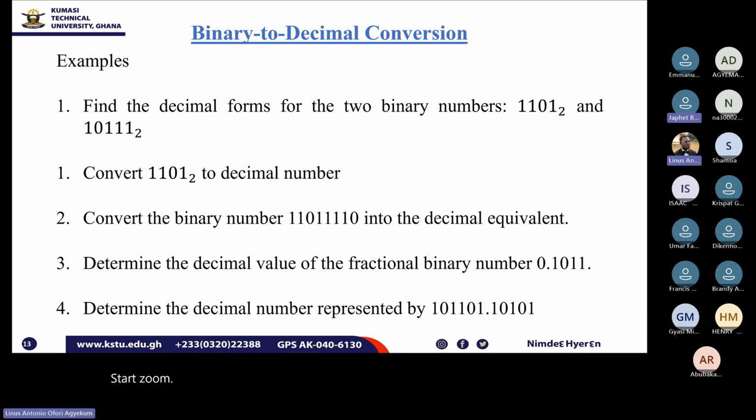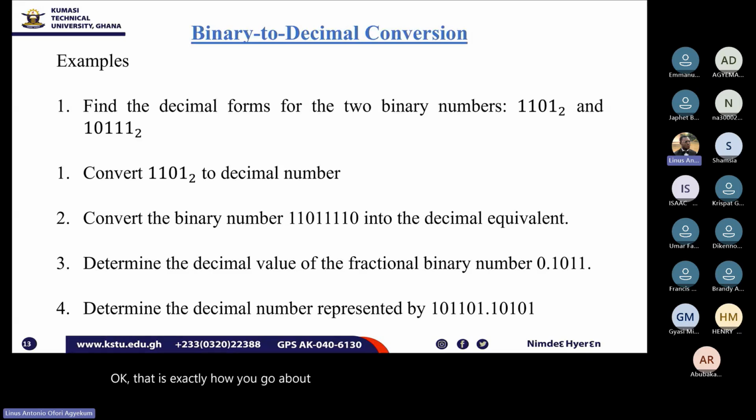So the 1 times 2 exponent 3 will give us 8, plus the 1 times 2 exponent 2 will give us 4. Then the 0 times 2 exponent 1 will give us 0. Then 1 times 2 exponent 0 will give us 1. So when you sum it up, you will get 13. Okay, that is exactly how you go about it.